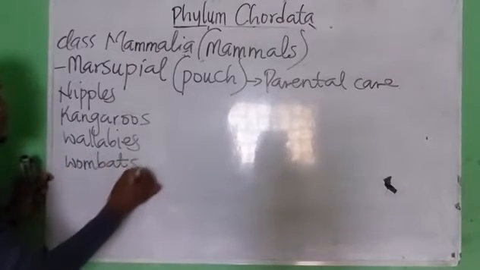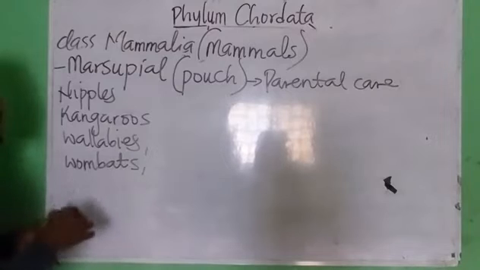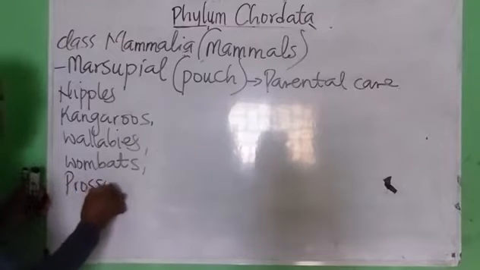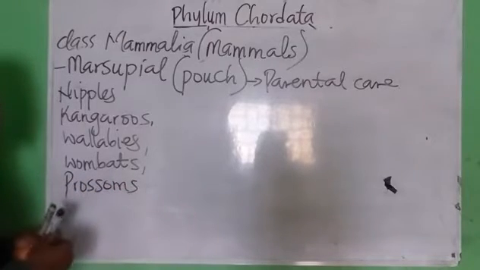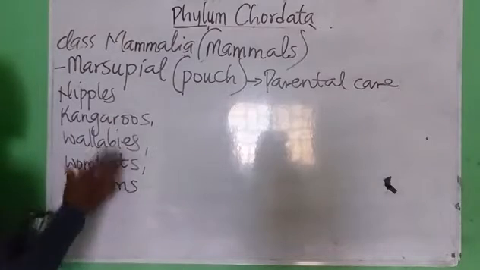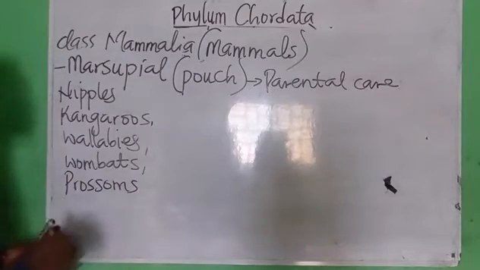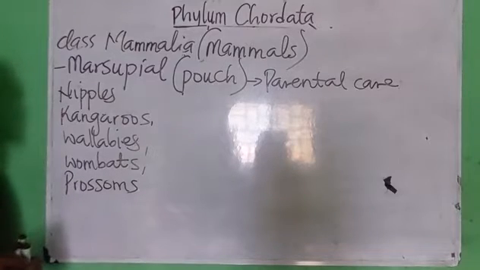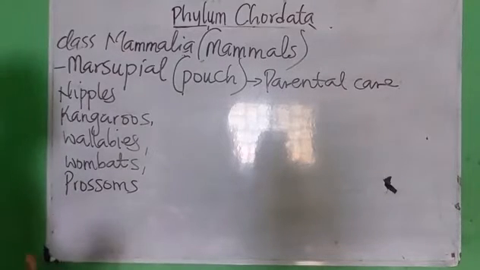Wombats are examples. Is there another one I've not said? Possums are examples. So all of these are examples of marsupials. They are egg-laying mammals. So please take note of that. It is very, very important.